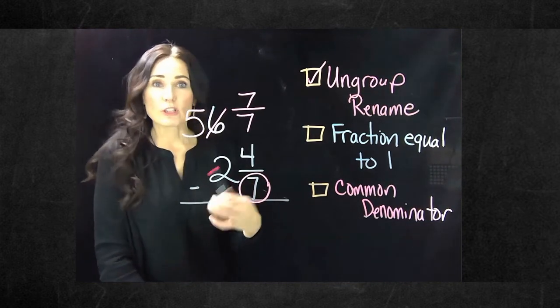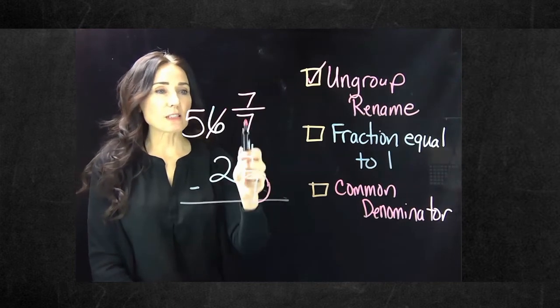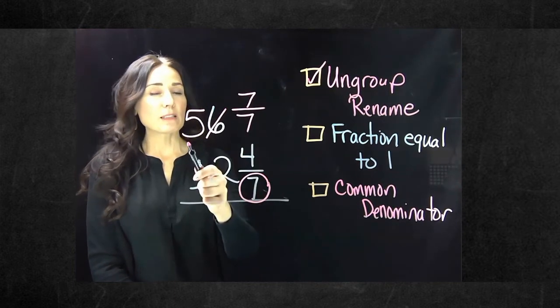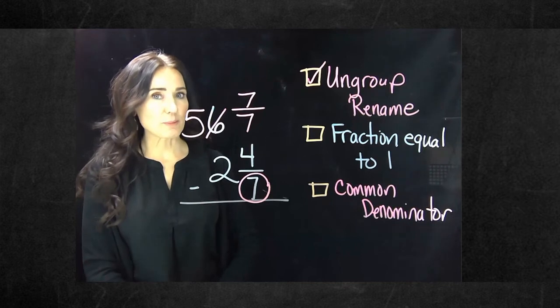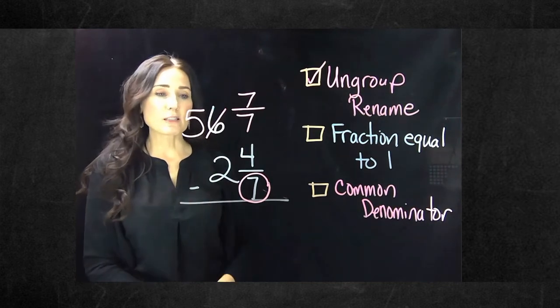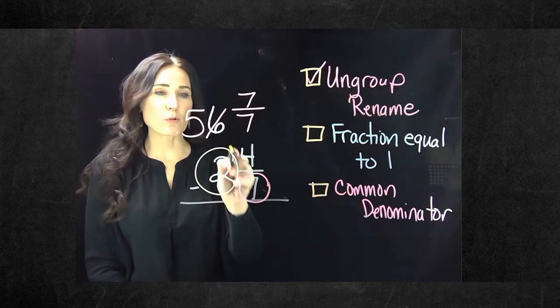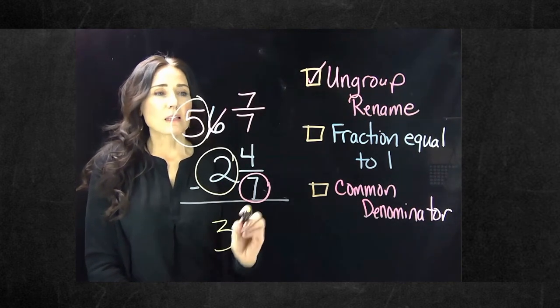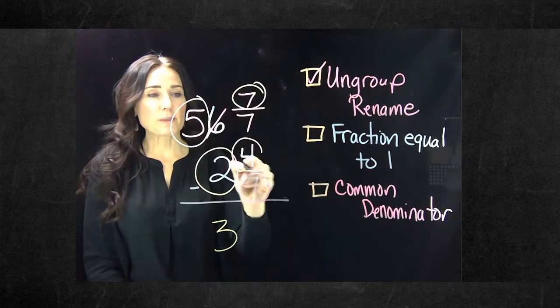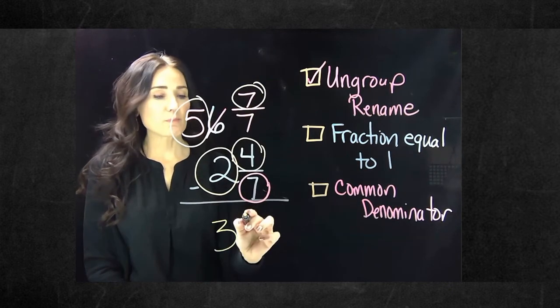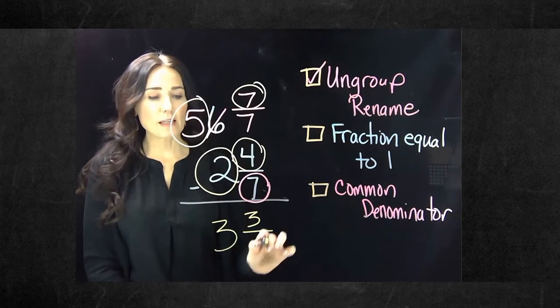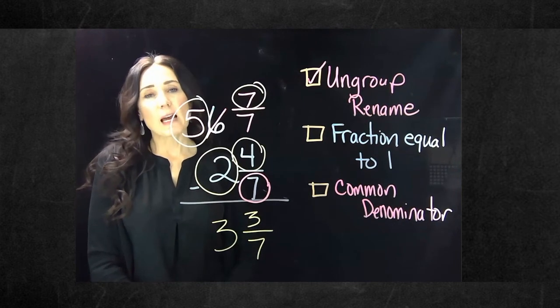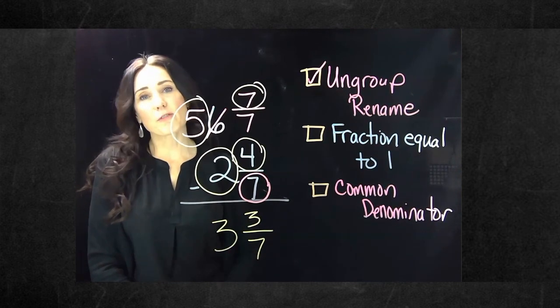So we have 7/7, which is equal to 1, plus 5, which still equals 6. Okay, so let's subtract our whole numbers. 5 minus 2 is 3. Let's subtract our two numerators. 7 minus 4 is 3. And we're going to keep our denominator. So that is how you subtract a mixed number from a whole number.